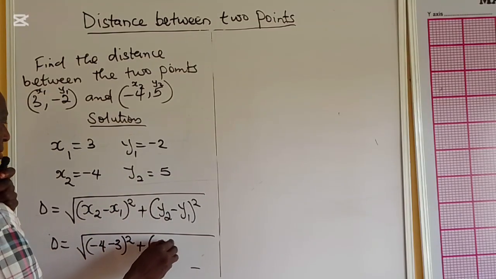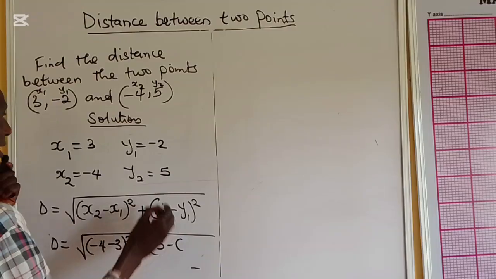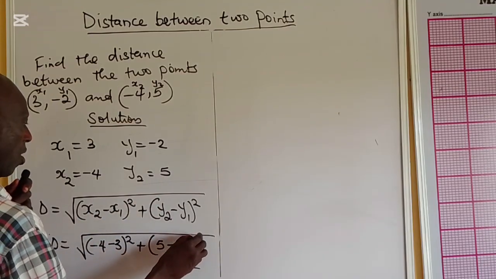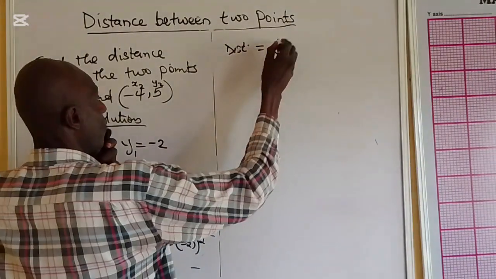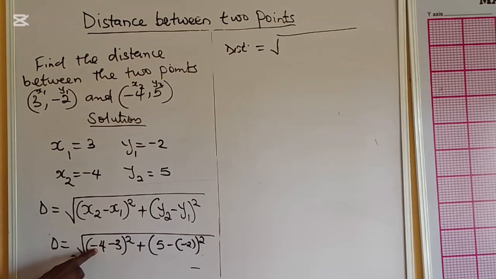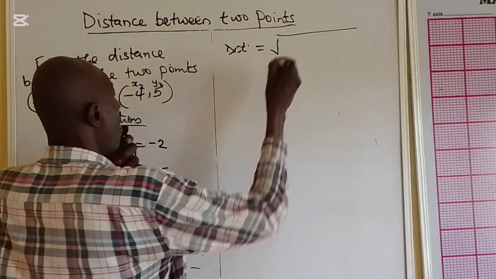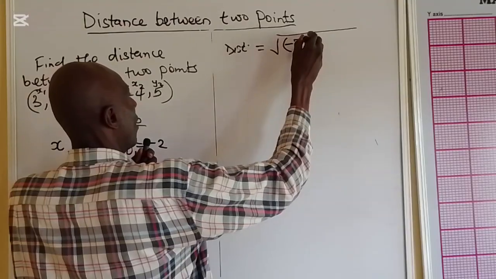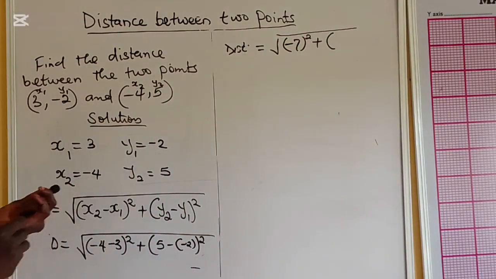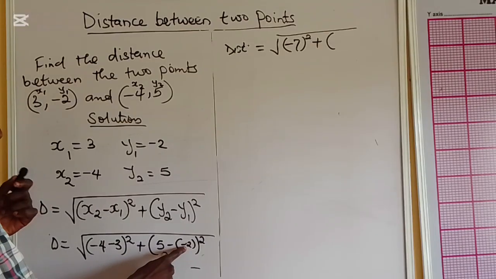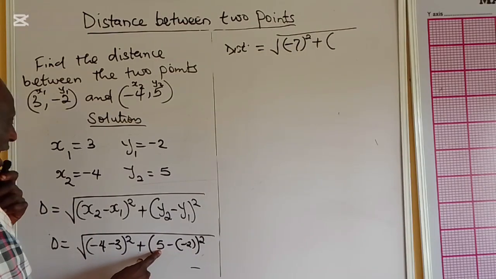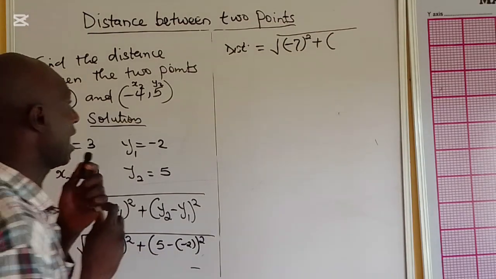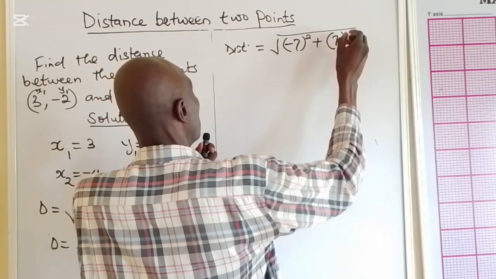It is 5 minus bracket minus 2, all squared. So the distance is equal to the square root of minus 4 minus 3 is minus 7, all squared, plus 5 plus 2 is another 7, all squared.